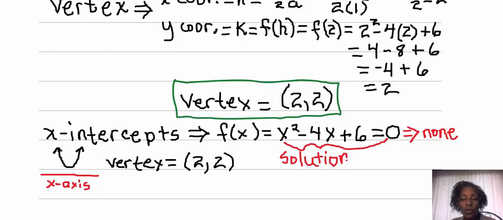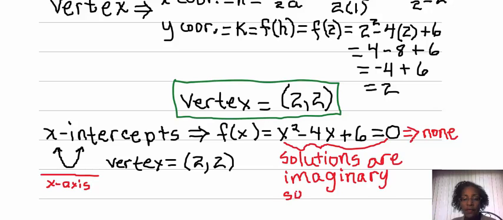That means we get no x-intercepts. In order to have x-intercepts, the solutions have to be real numbers. If the solutions are imaginary numbers, then that indicates that the graph never actually touches the x-axis.